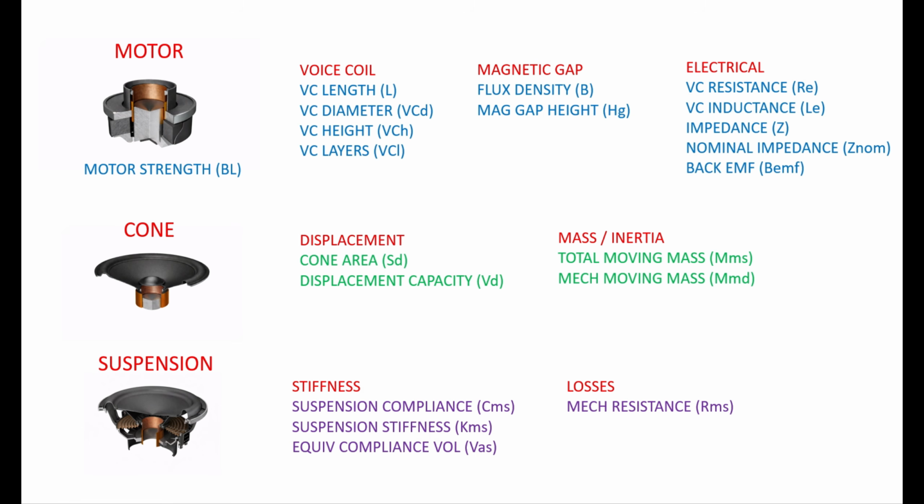If we move on to the speaker itself, all the parameters that relate to the speaker operating as a whole, as opposed to its independent components, we have three main ones: sensitivity, efficiency, and power handling. So sensitivity is basically how much loudness or decibels the speaker will produce for a certain amount of energy.